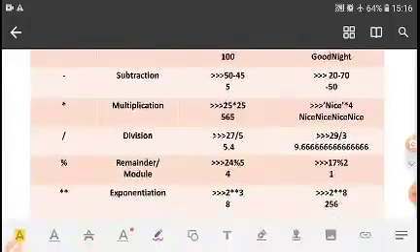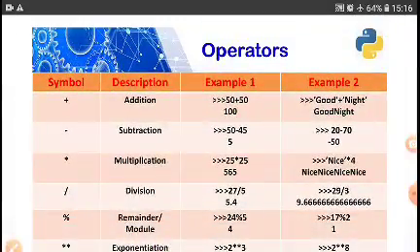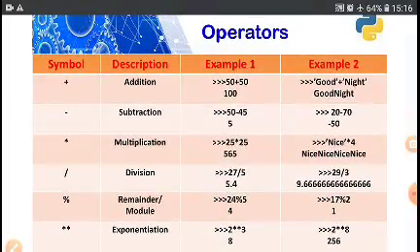Next, operators. Plus, minus, divide, into. These operators you are already familiar with. 50 plus 50, 100. Plus sign will also work with string data. Good plus night, output is good night.